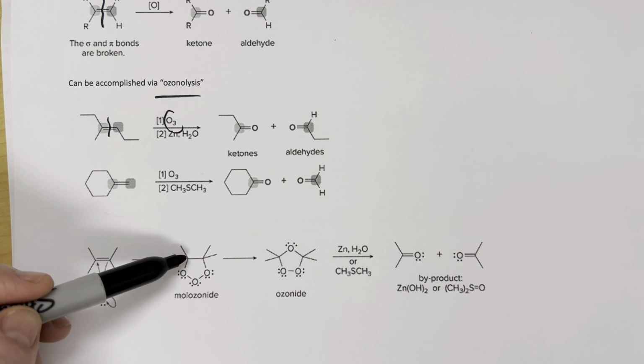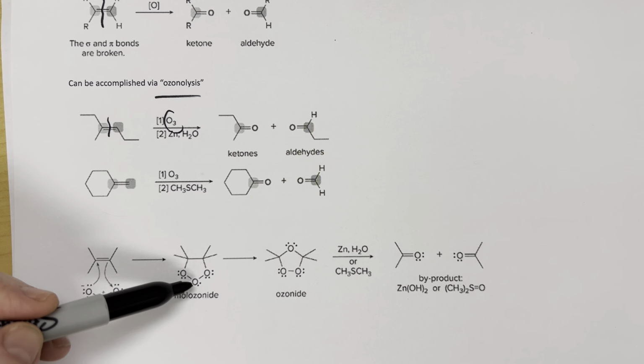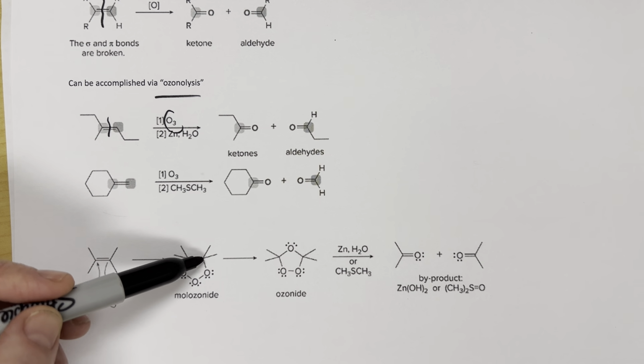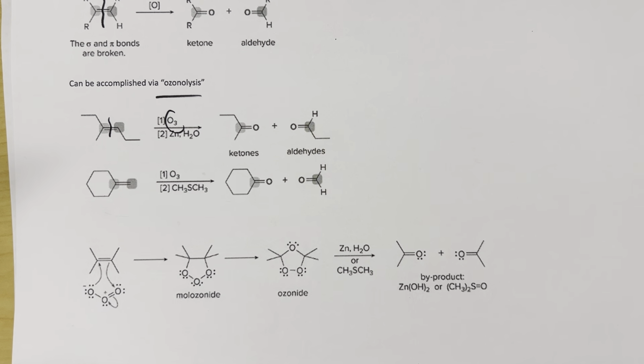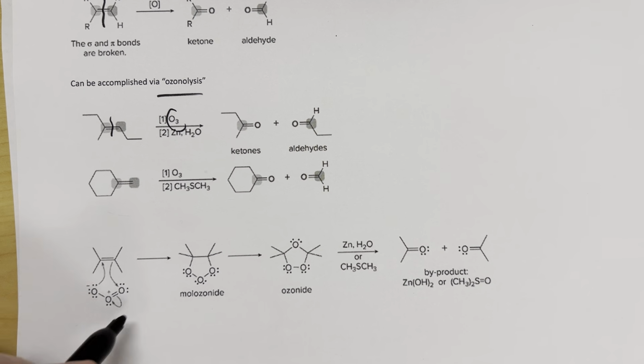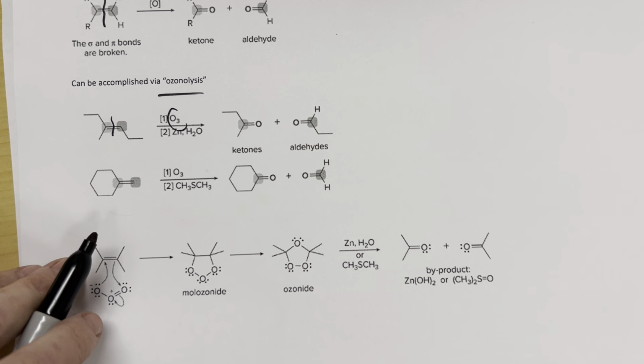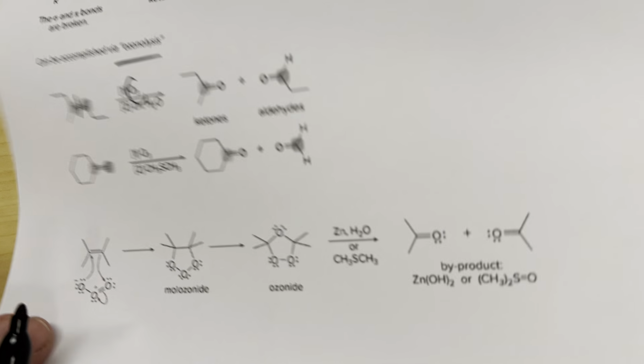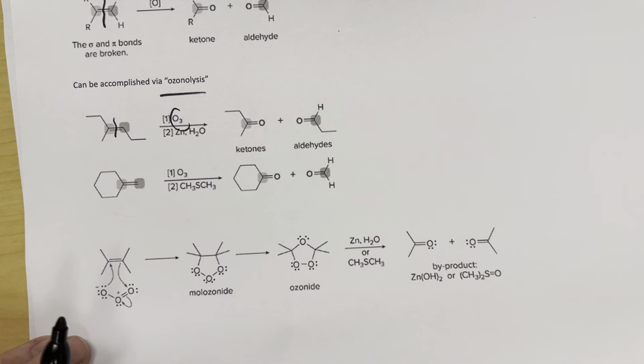So I can see them grabbing a hold of this oxygen, or vice versa, this oxygen grabbing a hold of those positive charges and forming this thing. And then you can use zinc and water, or again the dimethyl sulfide, and you can break these things apart. So there's really no step-by-step mechanism shown here, other than the first step of creating this molozonide, which you never see.